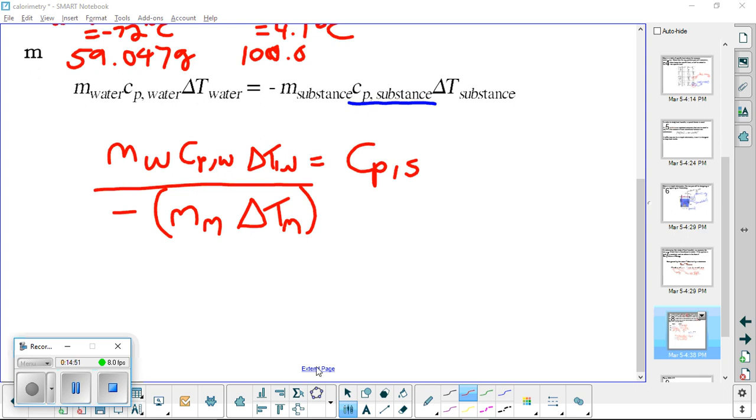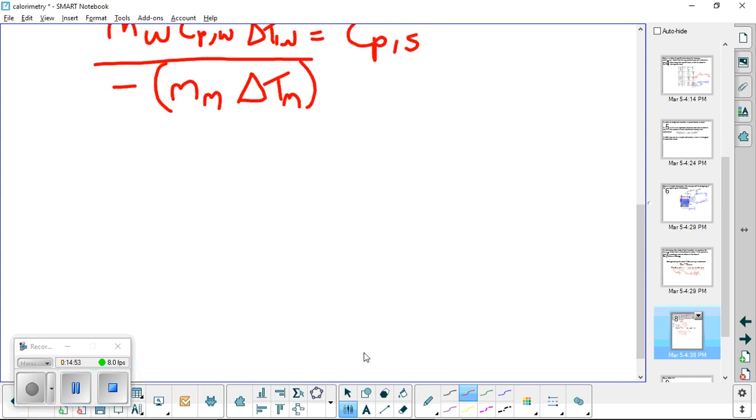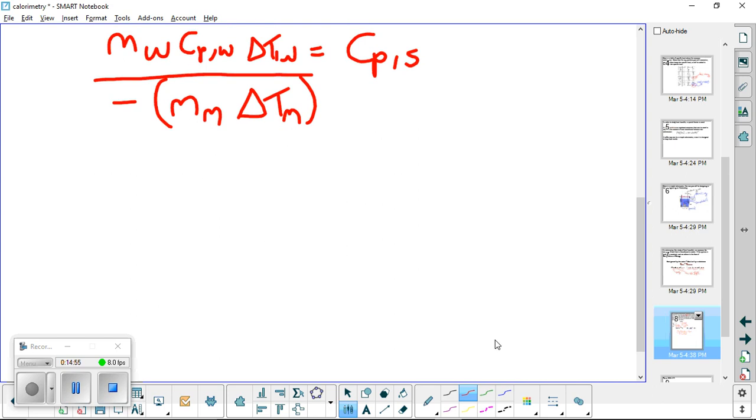So now I am ready to fill in my numbers, my measurements. Mass of the water is 100.0. Specific heat of water, again, I'm using the version that's grams, 4.184.